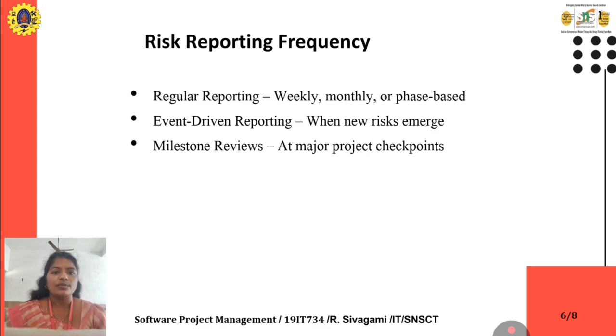Event driven reporting: when a new task emerges in our project, we should create the risk reporting. And then the milestone reviews. At each and every milestone we should take the list of risks and report these risks. It is the most important thing in our project.